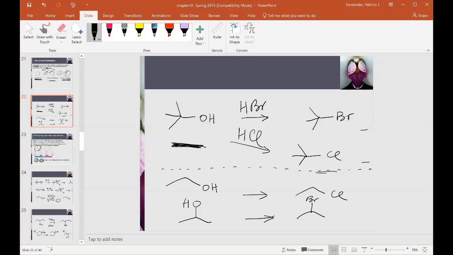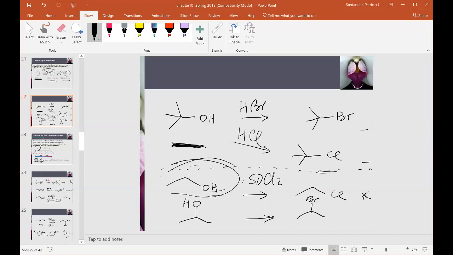How about if I want to transform ethanol into the corresponding chloride? Well, in that case, because this is a primary alcohol, I cannot simply use HCl. I need to use SOCl2.